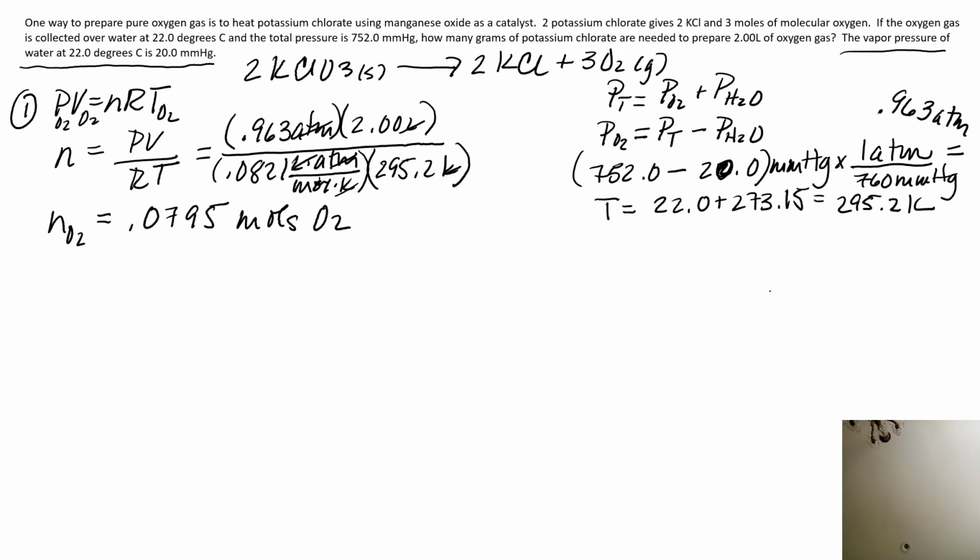So our second step is then to use the stoichiometry from the balanced equation. So we'll go from moles of O2 to moles of potassium chlorate, to grams.